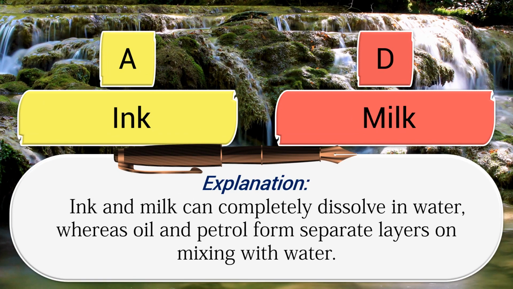The answer is ink and milk. Ink and milk can completely dissolve in water, whereas oil and petrol form separate layers on mixing with water.